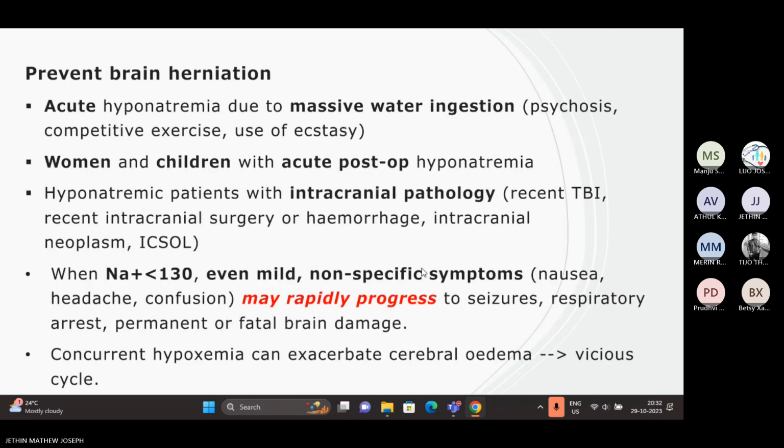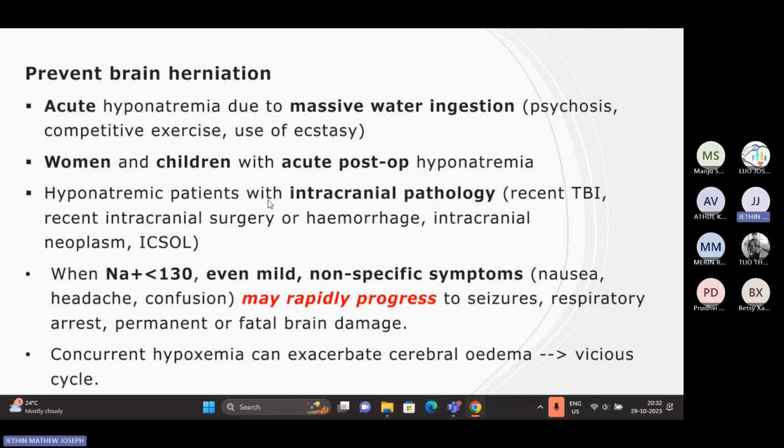And regarding preventing brain herniation, again, as I mentioned earlier, in acute hyponatremia due to massive water ingestion, the sodium levels can dip even after presentation, so you have to be careful about that. And women and children also can present with acute post-op hyponatremia.